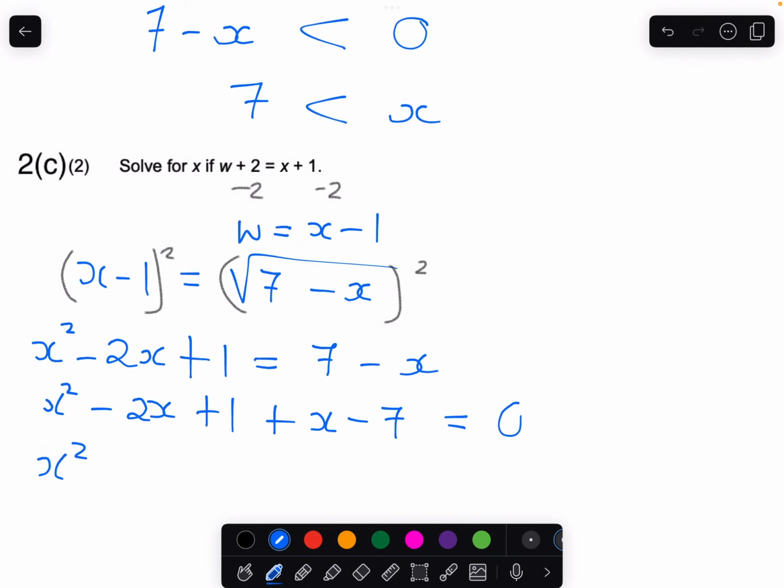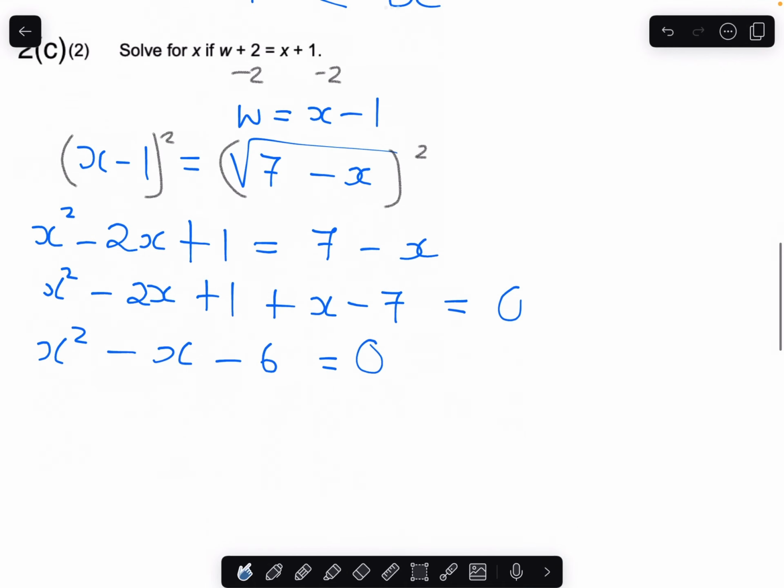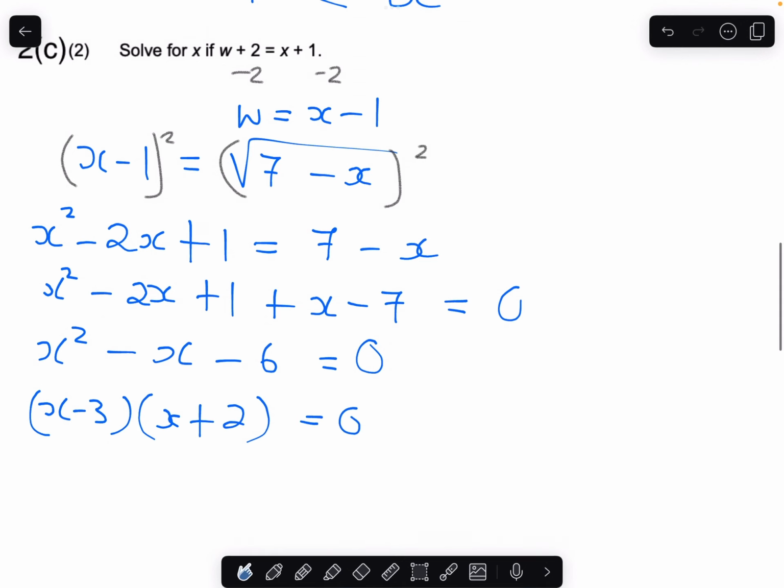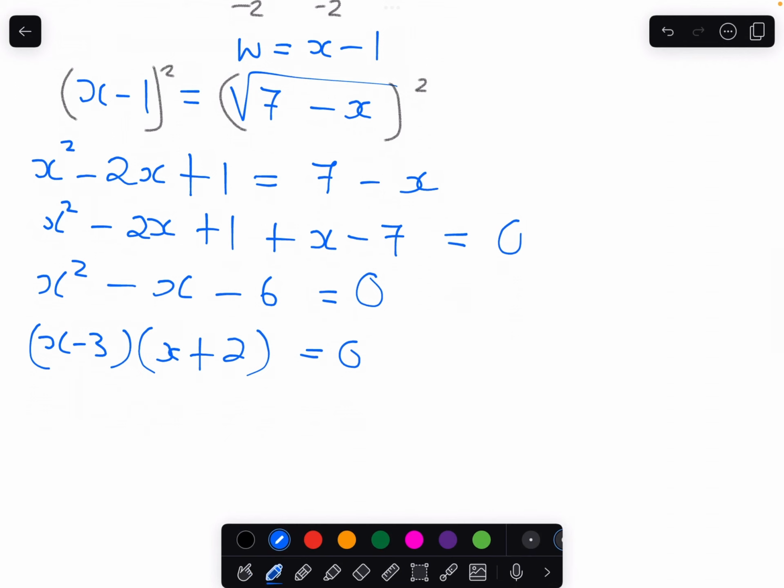So that simplifies to x squared minus 1x minus 6. Okay, and then we can factorize that. So that's going to be x minus 3 times x plus 2. Okay, and so x could be 3 or x could be negative 2.